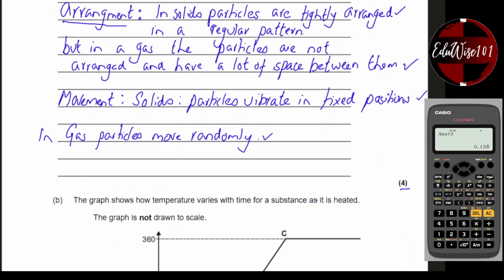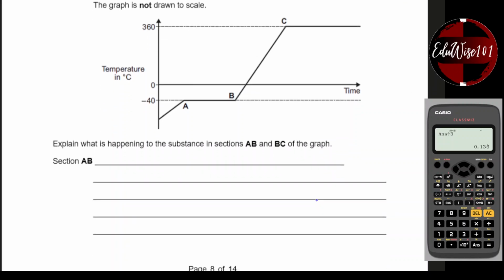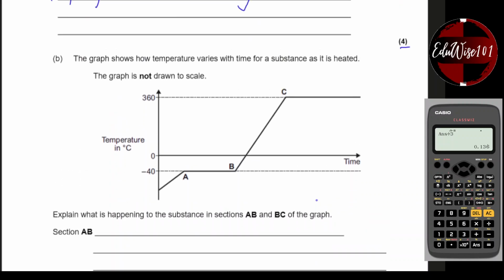Next part, the graph shows how temperature varies with time for a substance as it is heated. The graph is not drawn to scale.